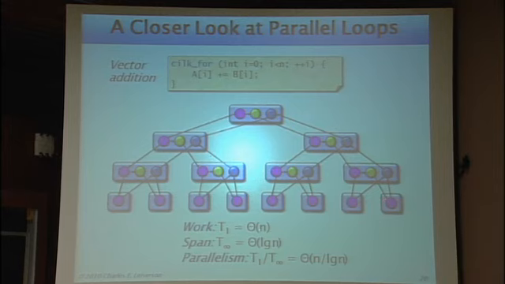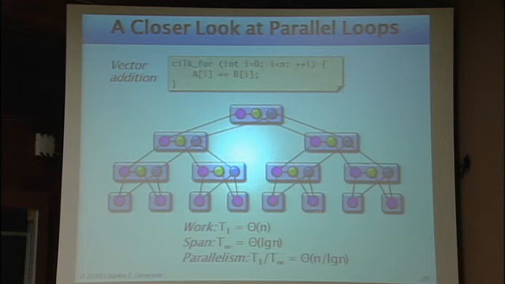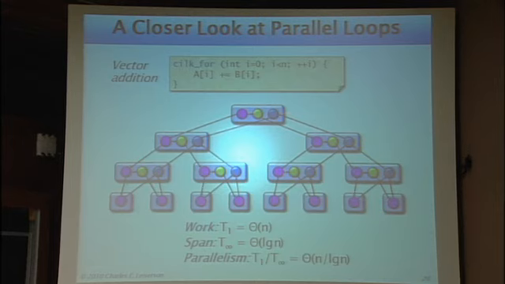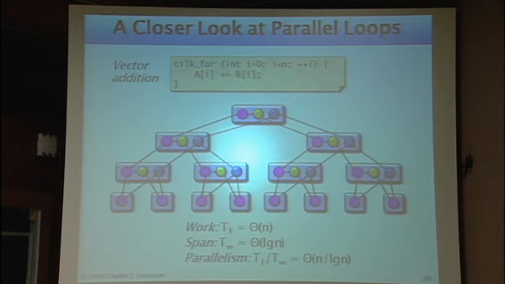The work is order n, because I've got n leaves, and the internal nodes, the control, are all constant size strands. So this is all order n for work. The span is basically log n, as we've seen, by going down one of these paths. And so the parallelism for this is order n over log n. It's a very simple problem.